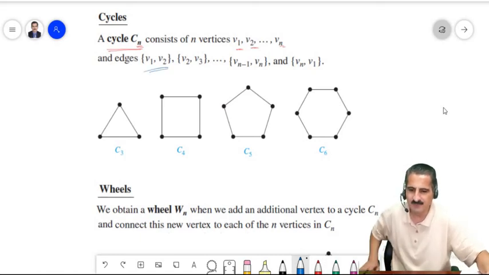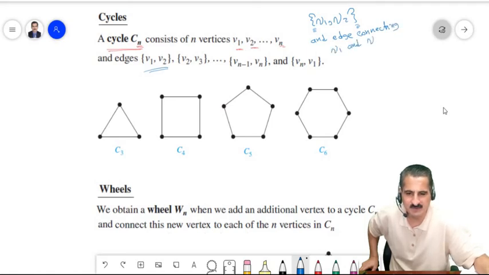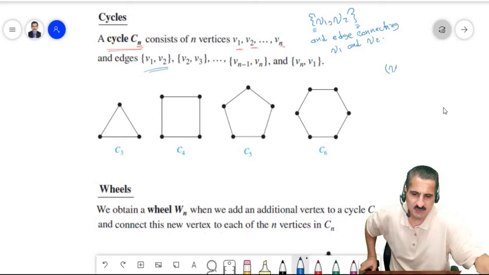Now here we go, V1 connected to V2. I want you to pay attention to when we use this notation. This set notation represents an edge connecting V1 and V2. But a while ago, we used UV, or we may say V1, V2. But this time we are using parentheses.